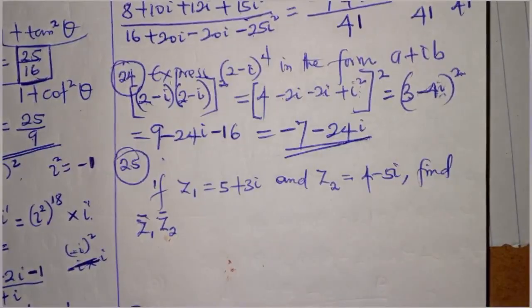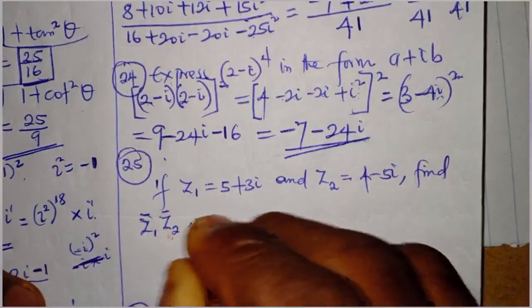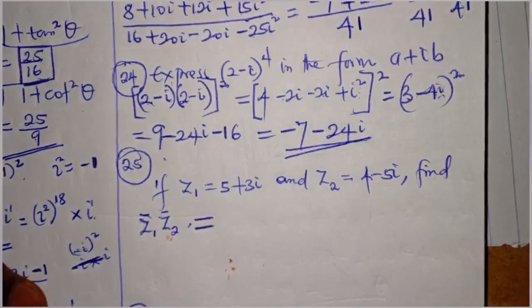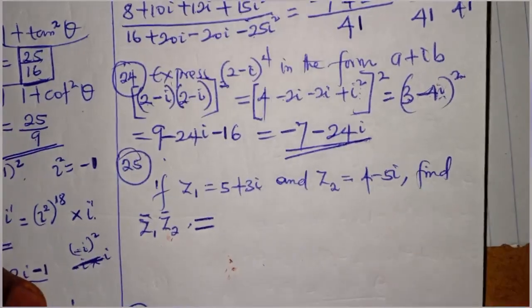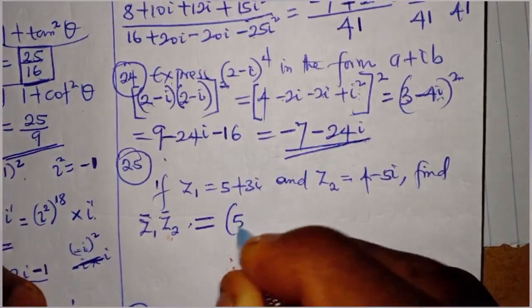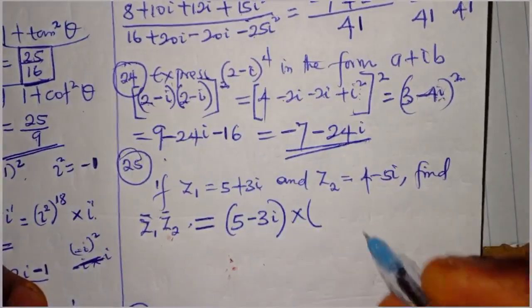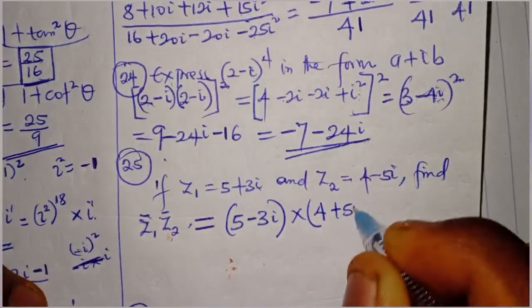The conjugate of z1 is obtained by changing the sign of the imaginary part. z1 is 5 plus 3i, the conjugate will be 5 minus 3i. z2 is 4 minus 5i, the conjugate will be 4 plus 5i.